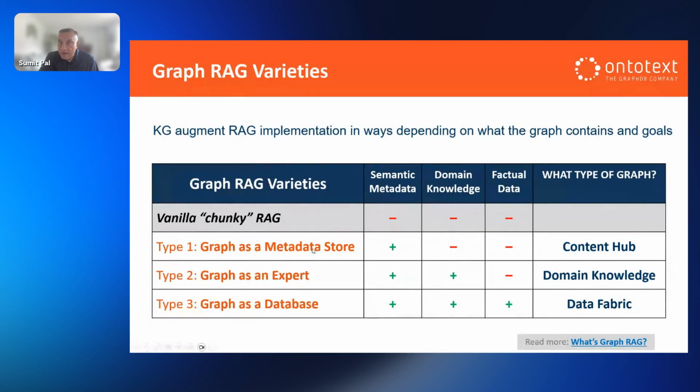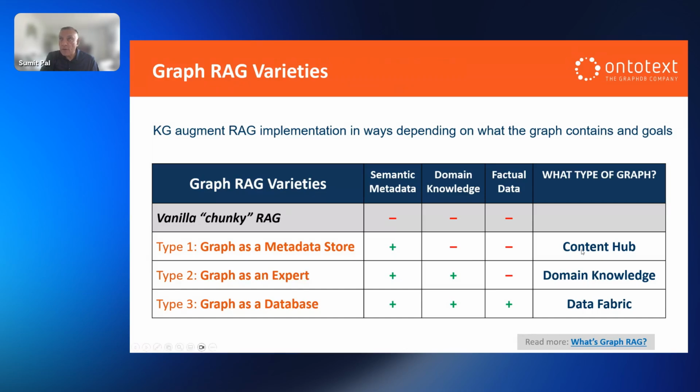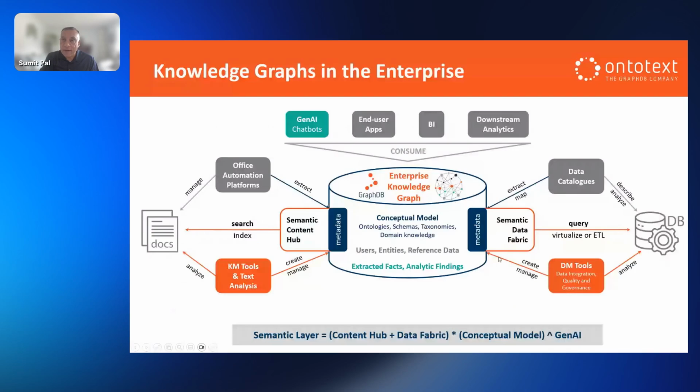When you use graph as a metadata storage, you use this part of a knowledge graph, which is more domain specific, very specific to your domain of expertise. The next is the graph metadata store, which is actually this part where you are querying the graph based on unstructured data coming from your own domain's data.